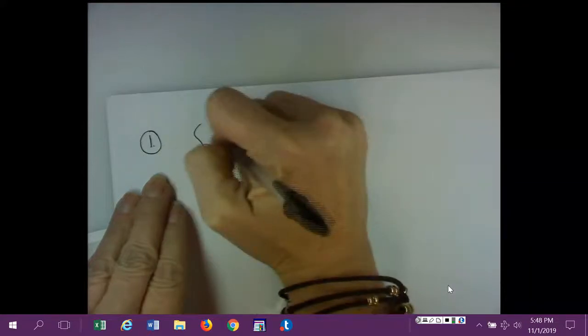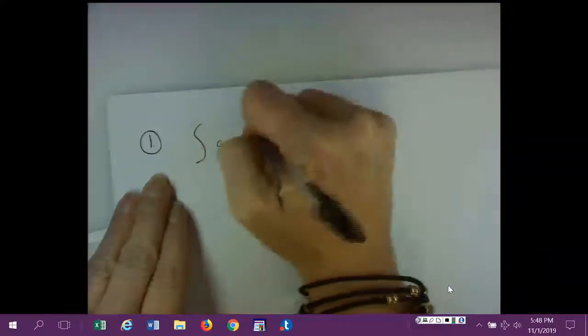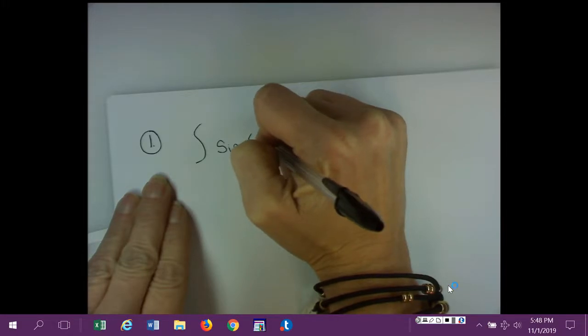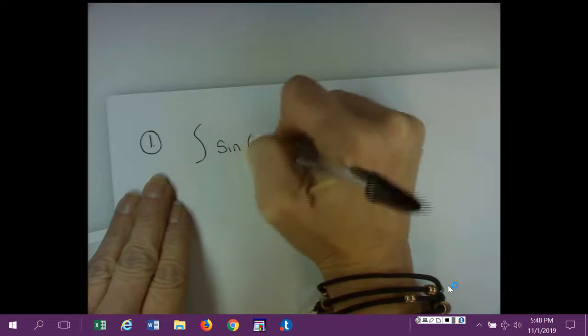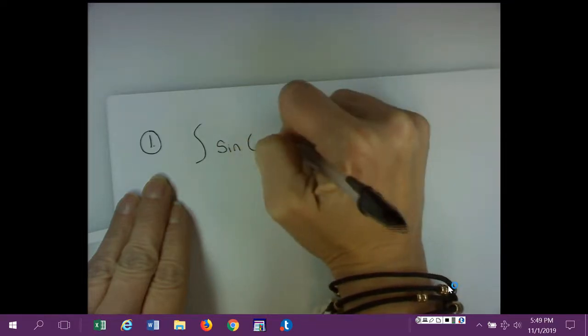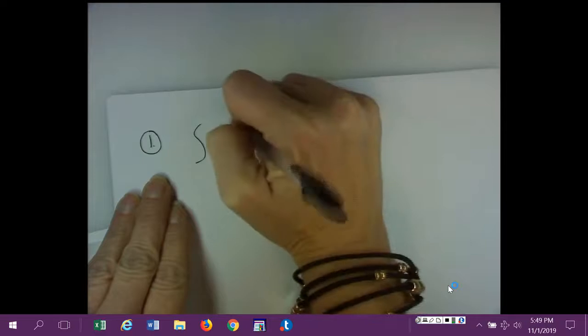Let's do sine of x plus 4 to the 4th power.